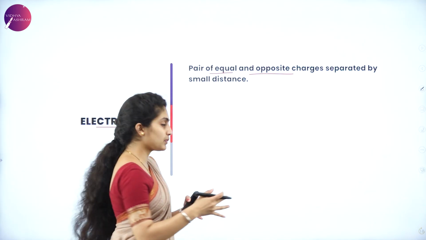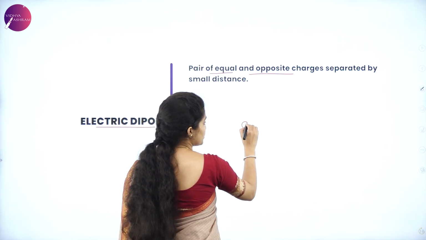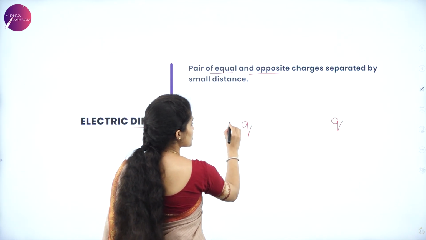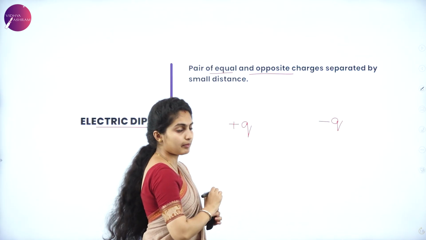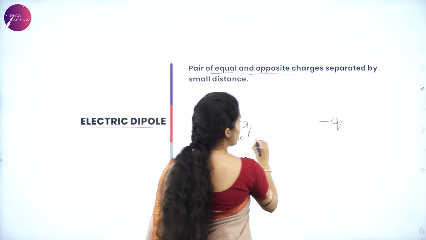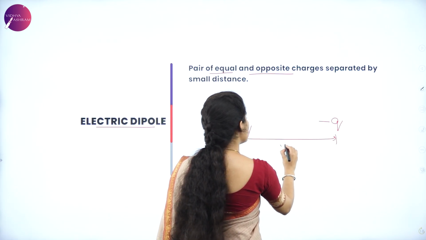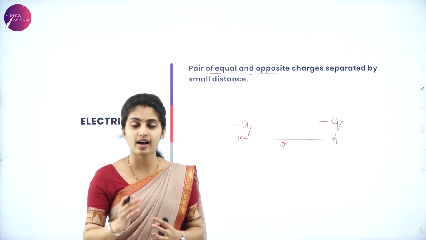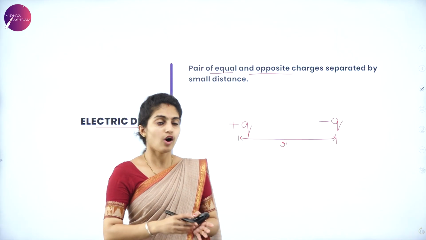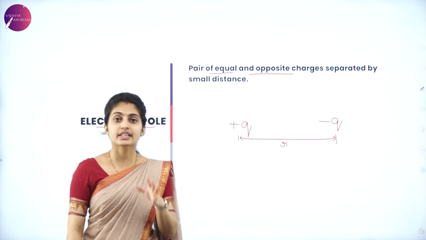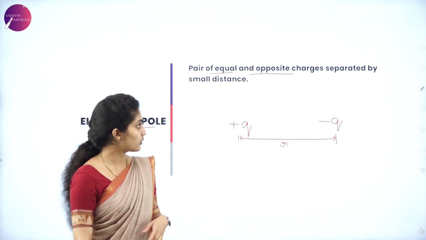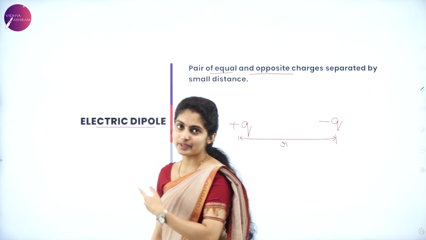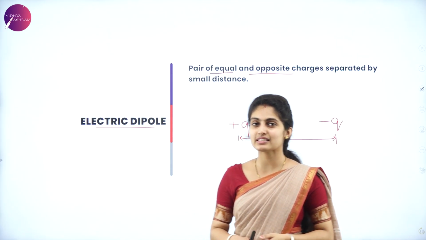So suppose there are two charges, plus Q and minus Q, because they are equal and opposite charges, separated by a certain distance, let's say r. Then it is said to be a dipole, two different charges having equal and opposite signs. So equal and opposite charges separated by a certain small distance is said to be an electric dipole. This is one of the easiest definitions, correct?